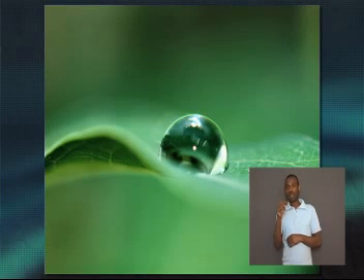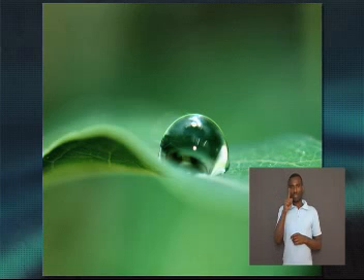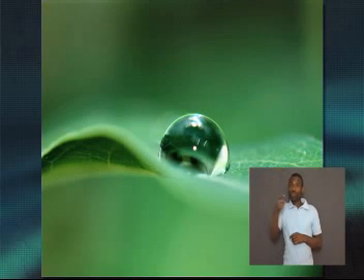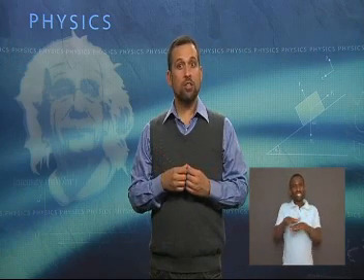For example, the top of a drop of water is an interface between the water and the air above it. This means that surface tension is not just a property of the liquid, but it is also a property of the interface between the liquid and the other medium.